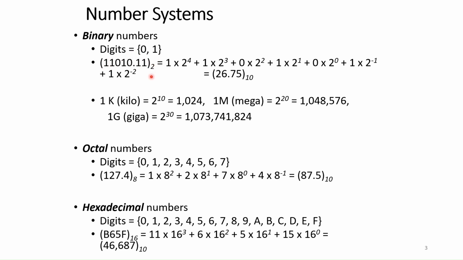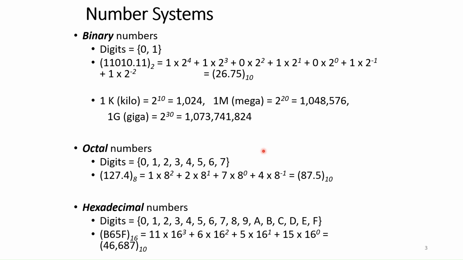By default, with no subscript, we can consider it as a decimal number. But with the subscript 2, it is a binary number. So let's see what is the decimal equivalent. So this one, 1 times 2 to the power 4 plus 1 times 2 to the power 3, like this. You compute, and it comes out to be 26.75 in decimal.